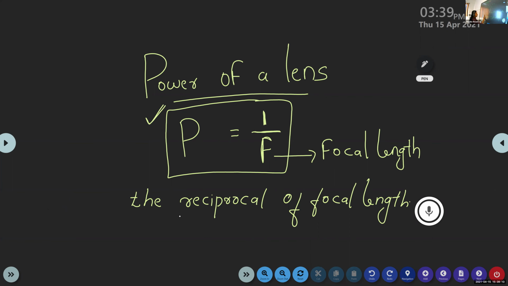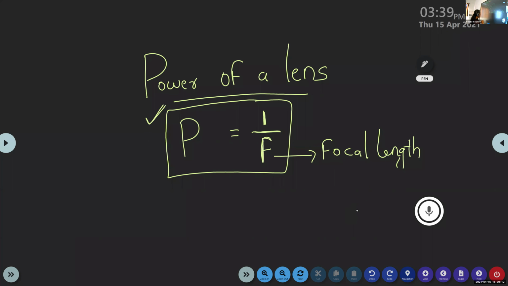Now we can write the unit of power of lens. It is known as diopter. How is it pronounced?